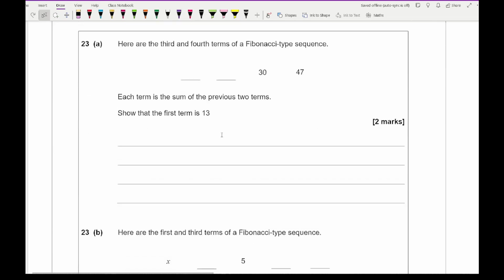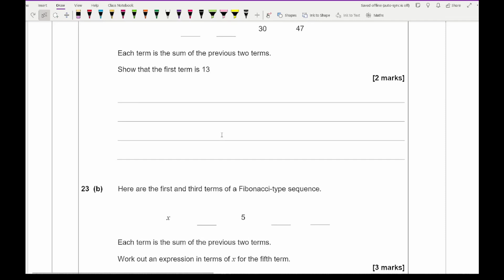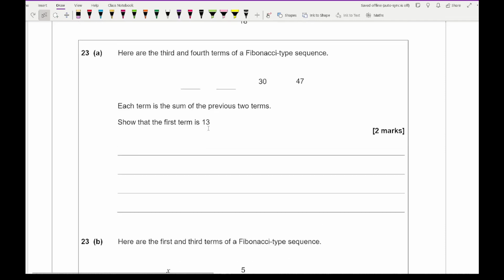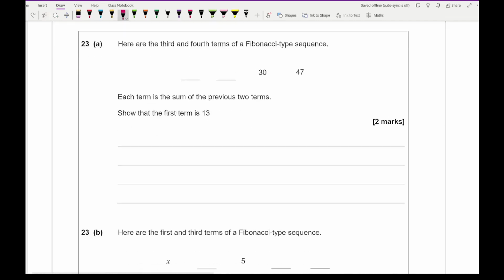Moving on to question 23, it says that here are the third and fourth terms of a Fibonacci type sequence. Each term is the sum of the previous 2 terms. Show that the first term is 13. Well, for this term here, if I call it x, then x plus 30 equals 47. So if I take away 30, I get that x equals 17.